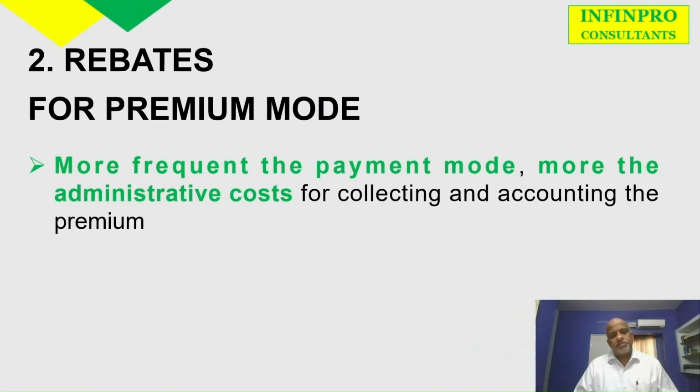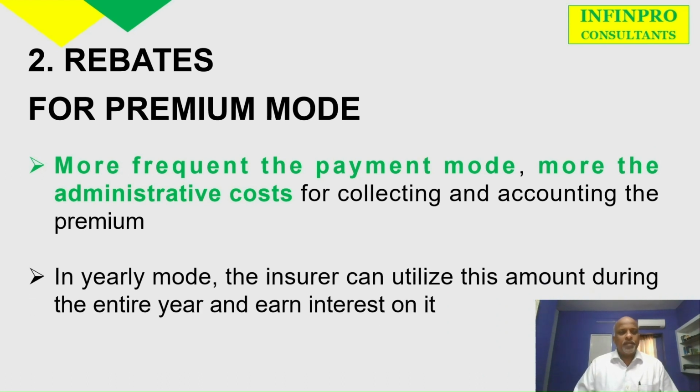So the profit made by the life insurer is passed on to the customer as a sum assured rebate. There is a second rebate which is given to the customer, which we discussed earlier. It is based on the premium mode. The assumption is that the entire premium is paid in yearly mode, and the life insurer will have the premium with him for investing for the entire year. So if a customer opts to pay premium in yearly mode, the customer will get a yearly mode rebate.